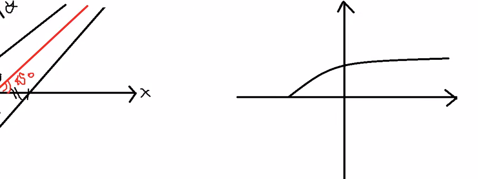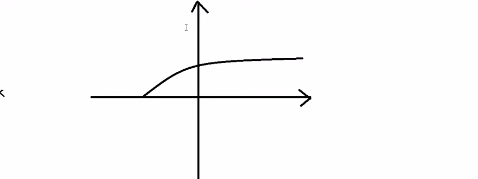Next, we use the same technique. So we draw the red line in here. So we find the intersection between the black line and the red line in here. So we put this intersection in here.